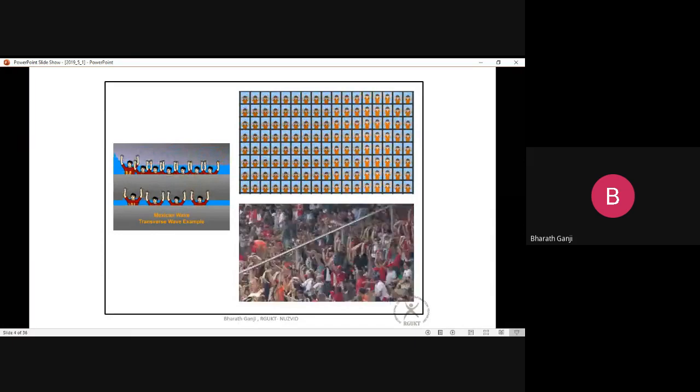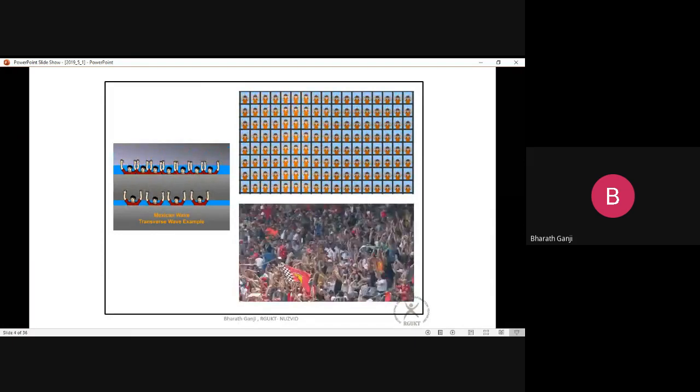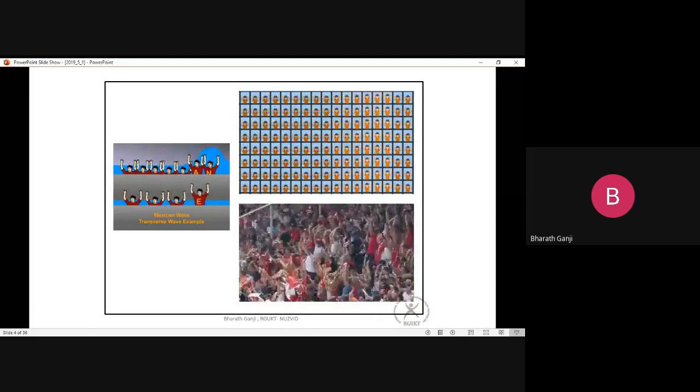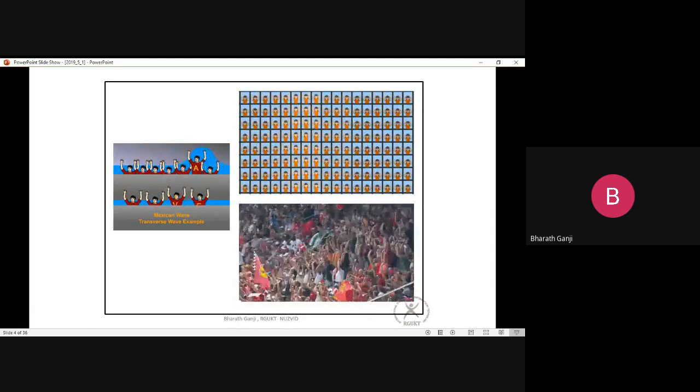What they do is, around the stadium, a section of people will be standing up and waving their hands, and after that they sit.